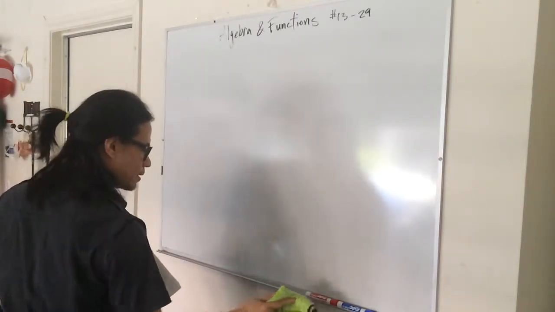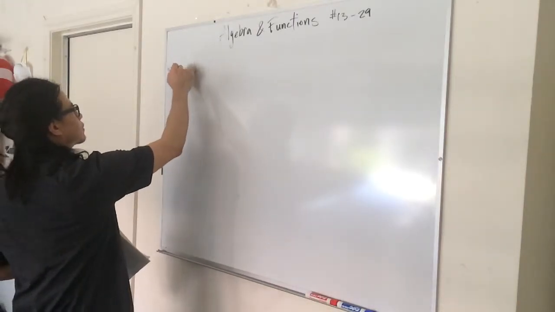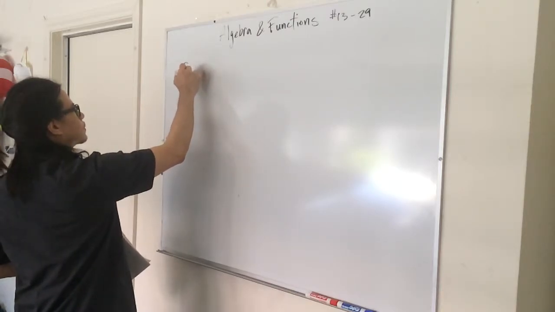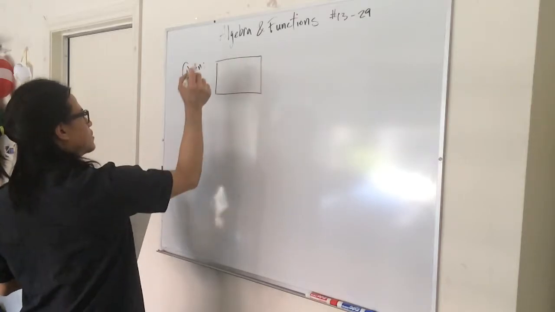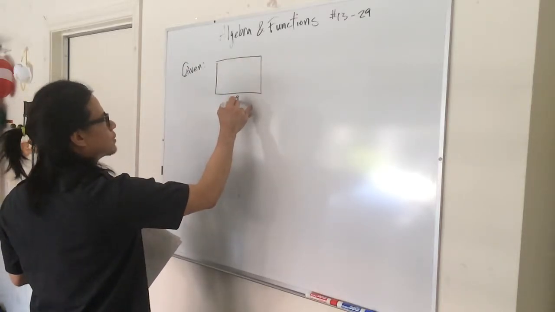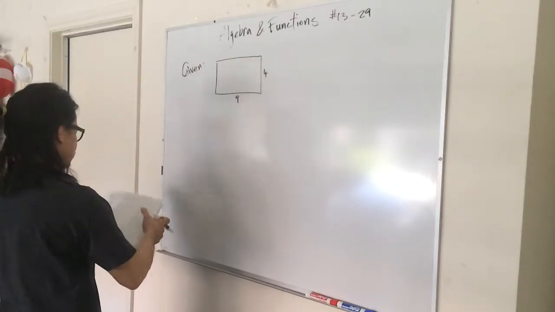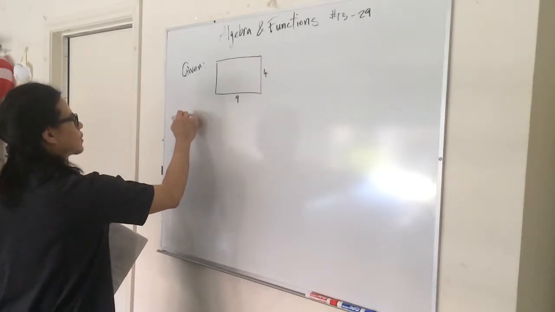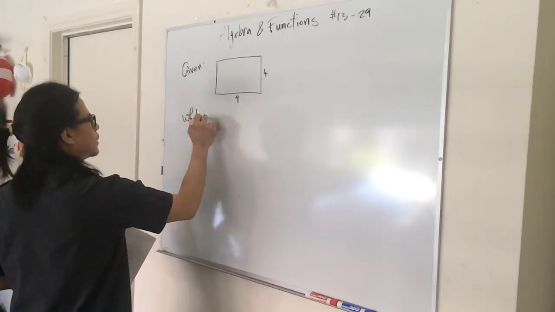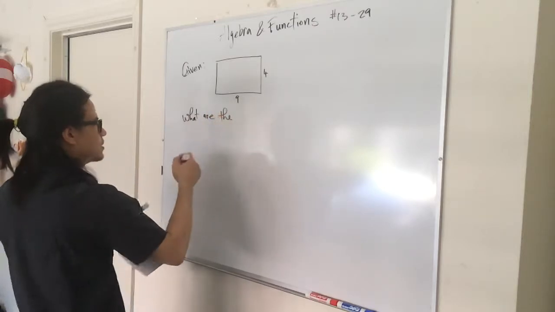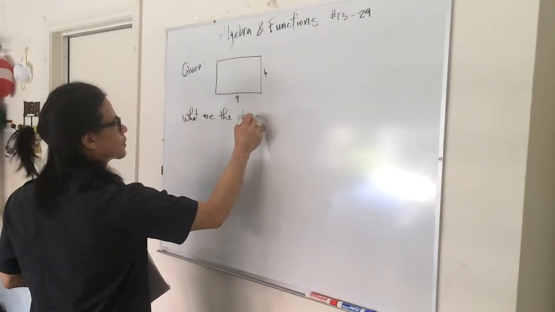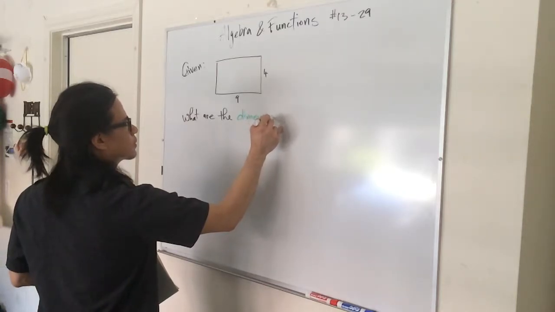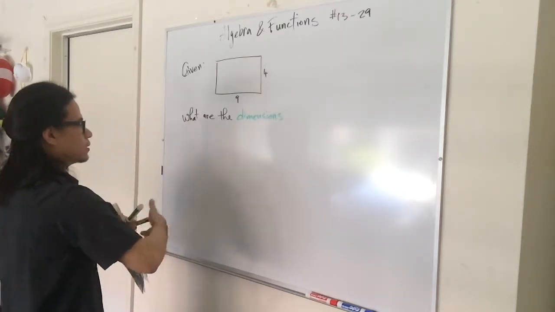So let's say given a rectangle like so with a length of 9 and 4. Let's say, what are the dimensions of this rectangle?